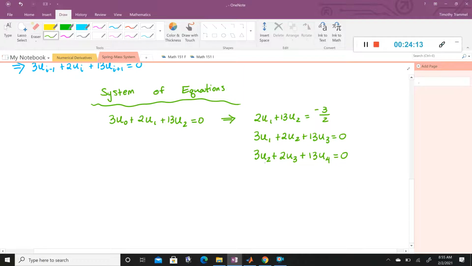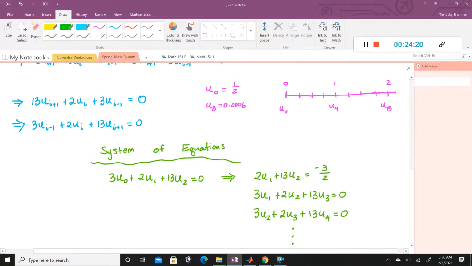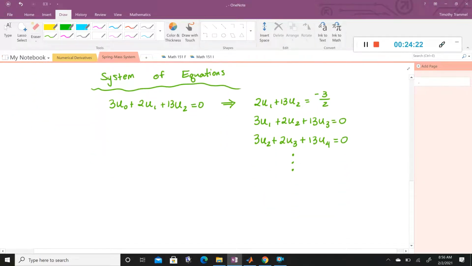Eventually we'd get down to our last couple. Remember, we're going to end with u sub 8. So we'll eventually get to 3 u sub 5 plus 2 u sub 6 plus 13 u sub 7 equals 0.